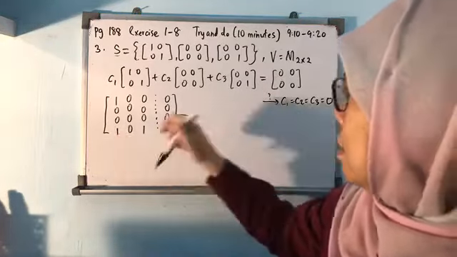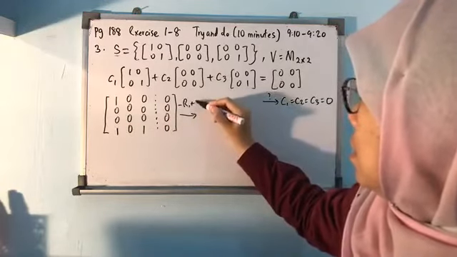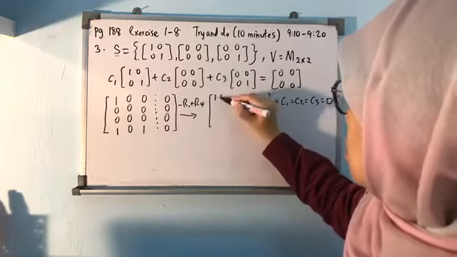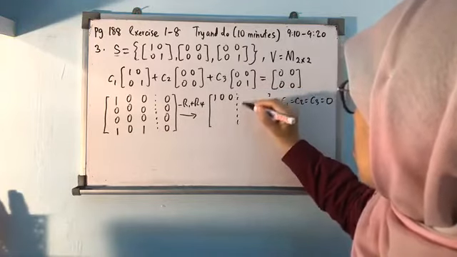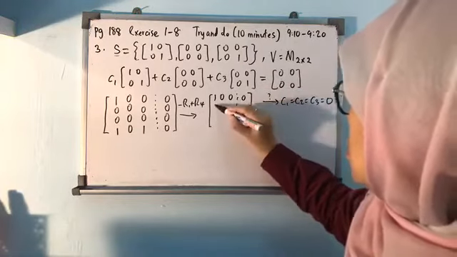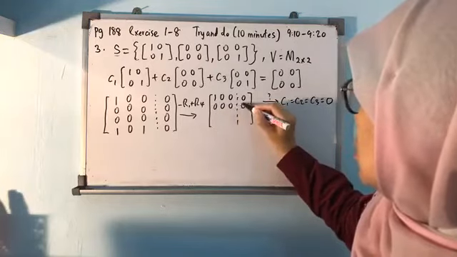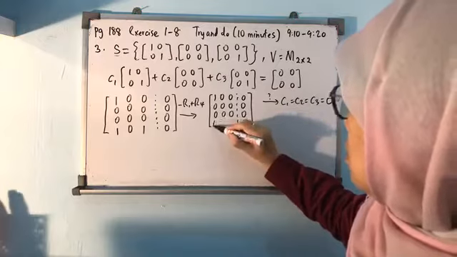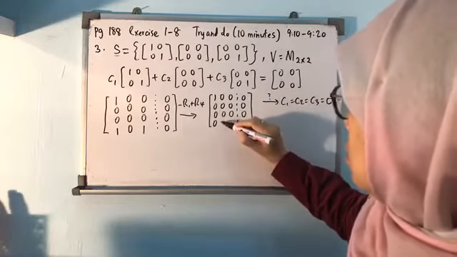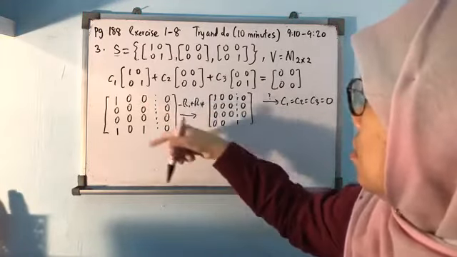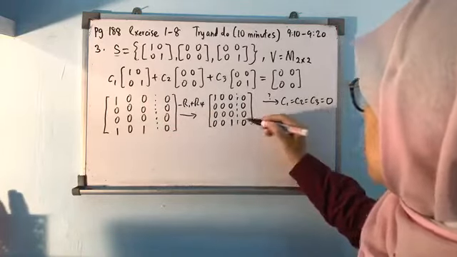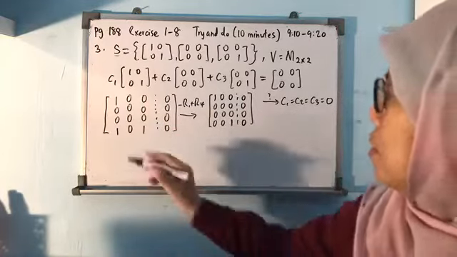Okay. Then just one, negative R1 plus R4. Okay. So 1 0 0 0, 0 0 0 0, 0 0 0, negative R1 plus 1, 0. Okay, one more.